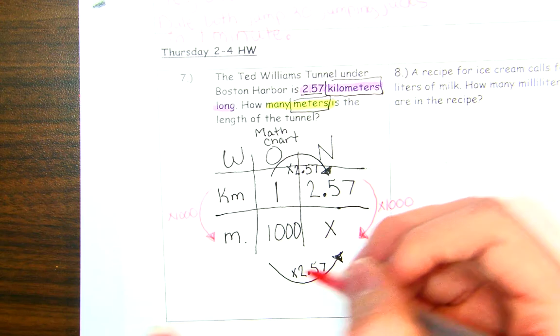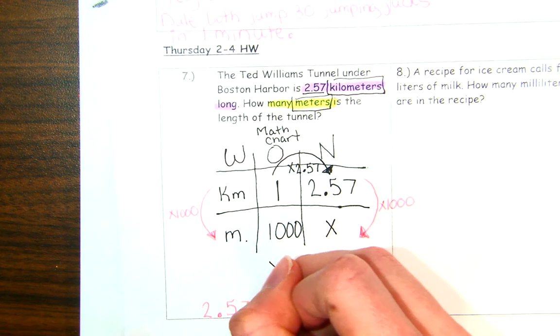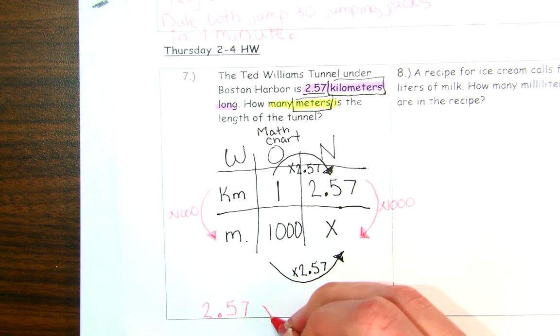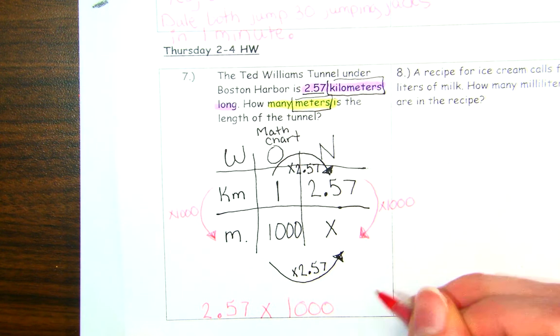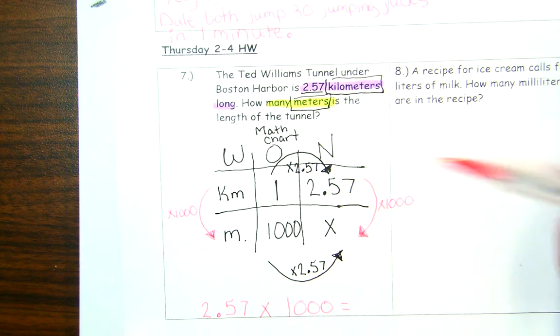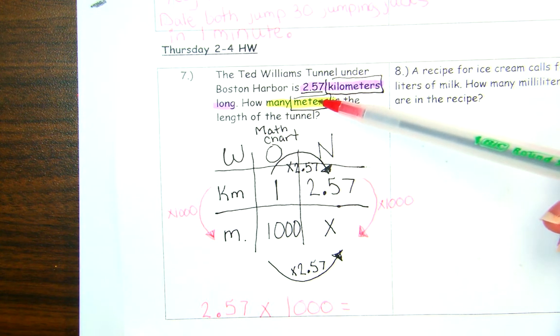So I'm going to set that up. I'm going to write 2 57/100ths, and I see I need to multiply by 1,000. Also, if you remember the bigger to smaller that we taught in class, if we're going from larger units to smaller units, we multiply.